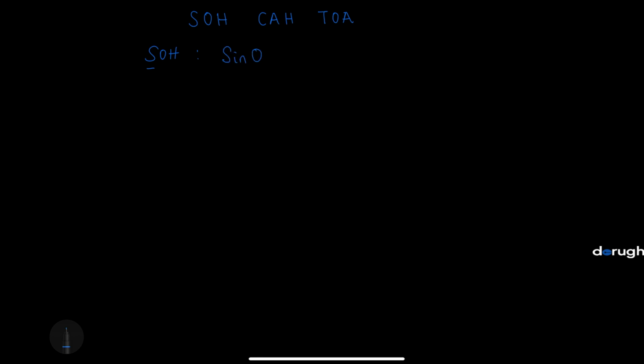So we have sine theta, and it's equal to O, which is the opposite, divided by H, which is the hypotenuse. Okay, so let's just have another triangle here on the side so that we can relate to it.